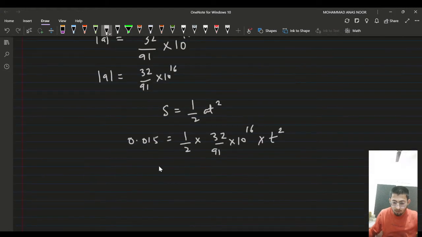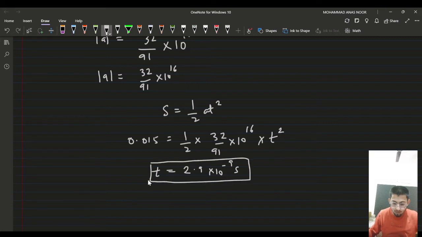And after solving this, you should get 2.9 into 10 to the power minus 9. This is the time.